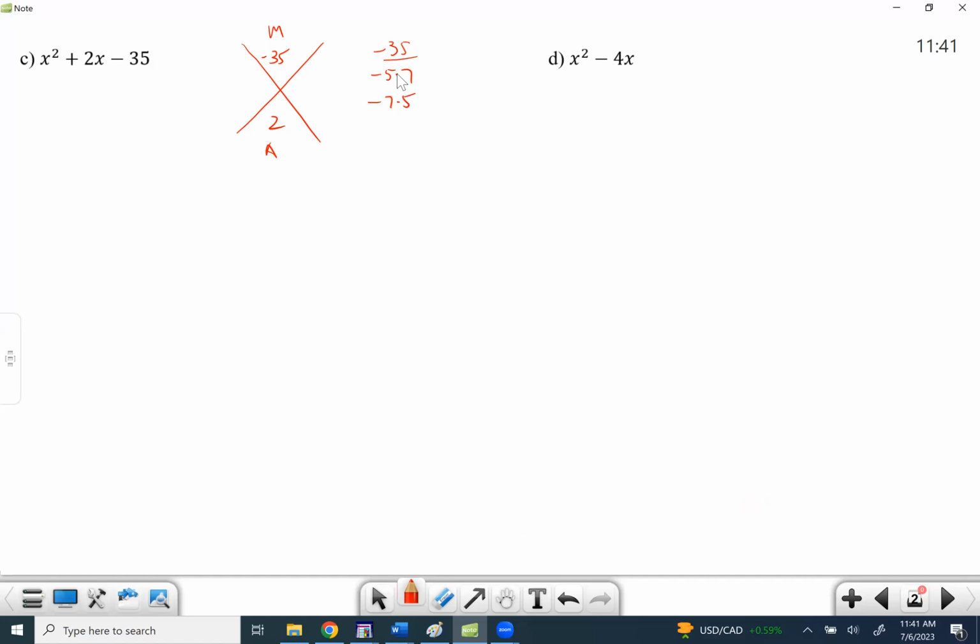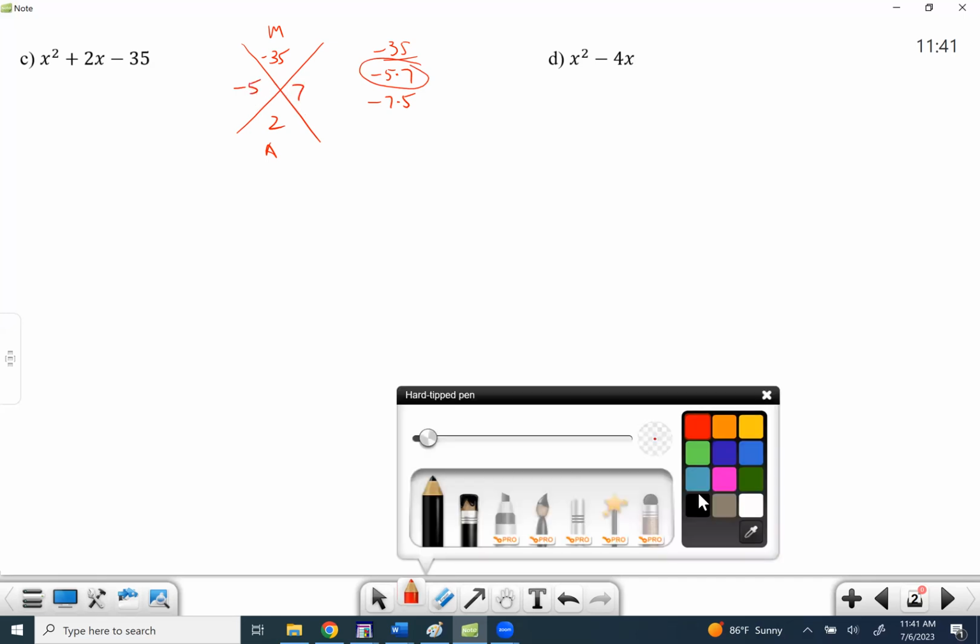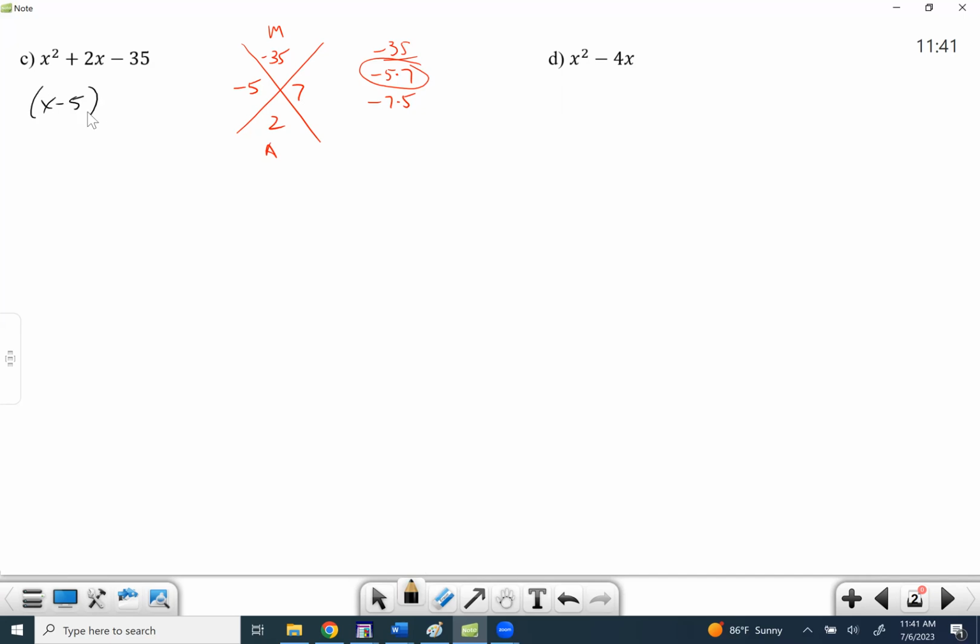And we need it to add up to 2. So this is the one that's going to add up to 2. So that means that we have x minus 5 and x plus 7 as the factorization of this polynomial.